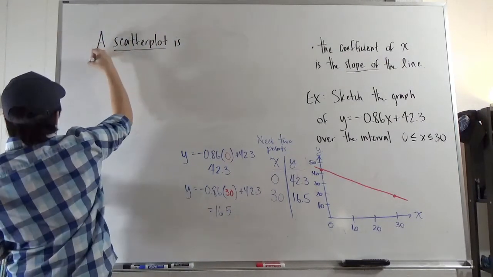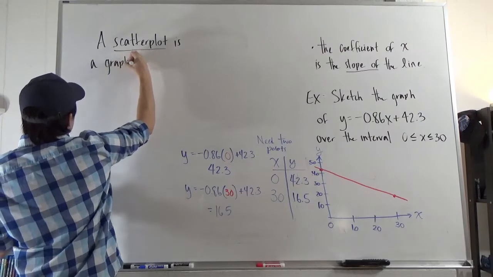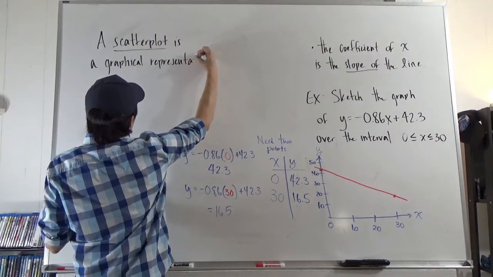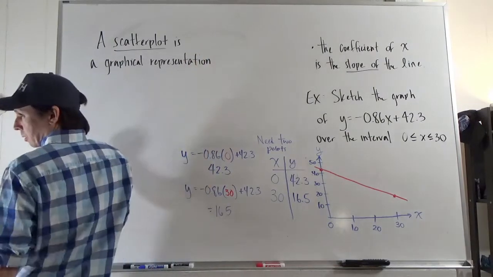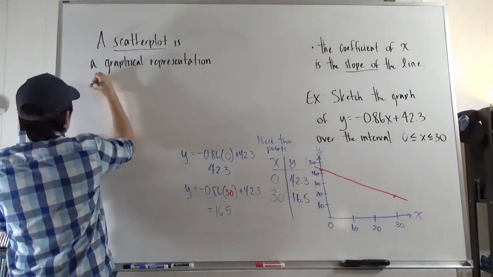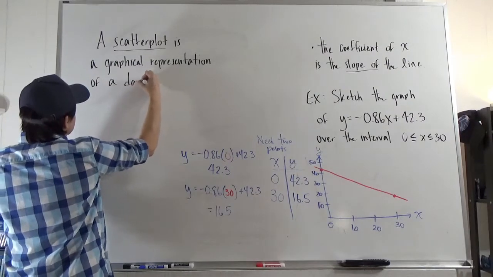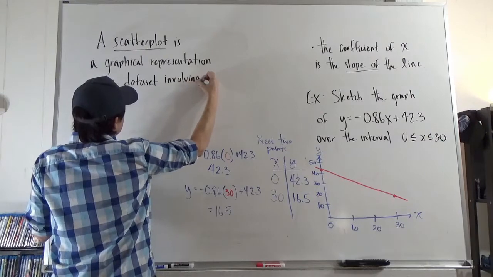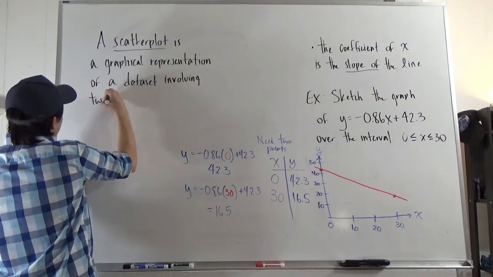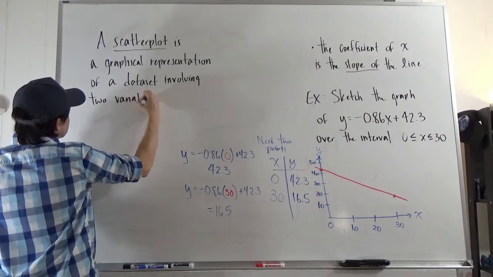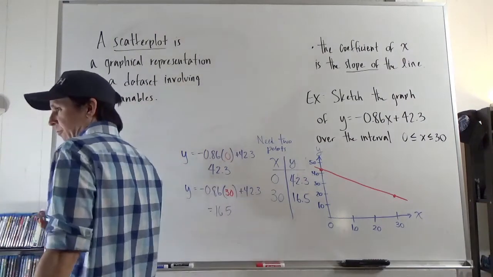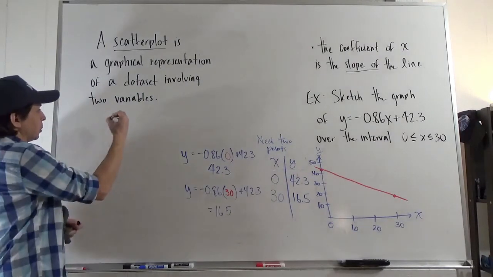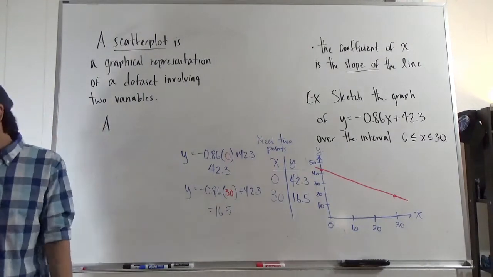A scatter plot is a graphical representation of a data set involving 2 variables. We're going to do a scatter plot in a bit, but before we get to that, we're going to discuss a model.